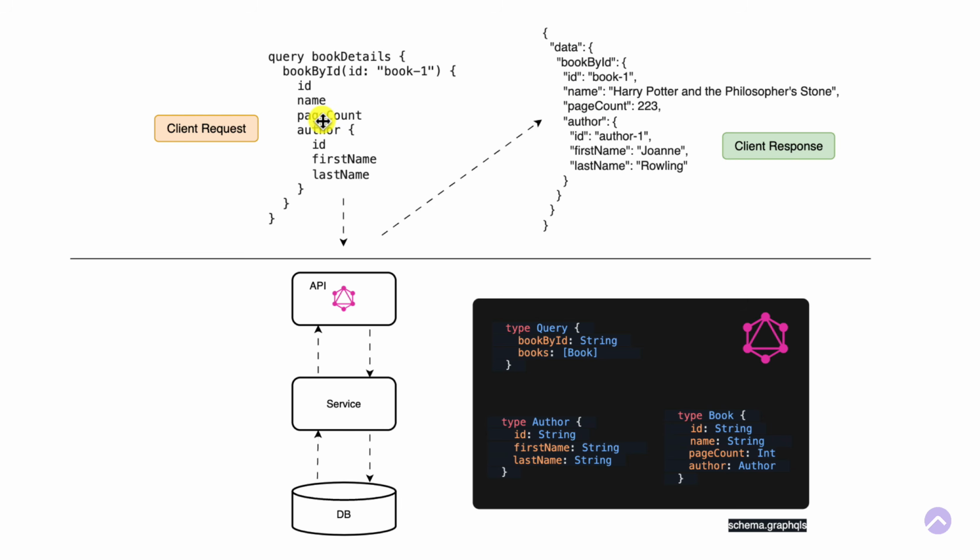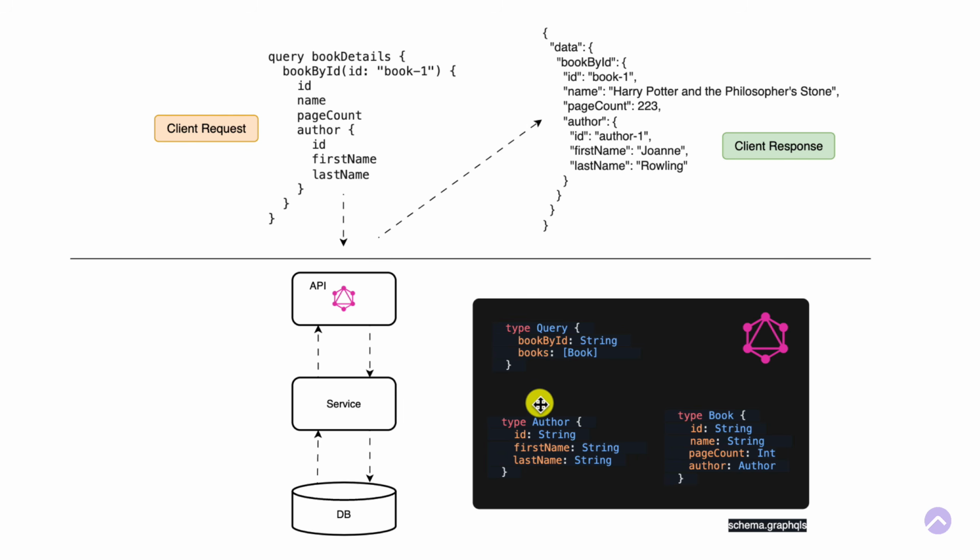Now, when it comes to GraphQL, we have to define the schema in here. So this is the schema in here. And this schema right here represents the kind of object that you can fetch from your service, including all of its fields. So in here, we have the type query. So this is basically what the client can query against our service. And then here, these are the types.